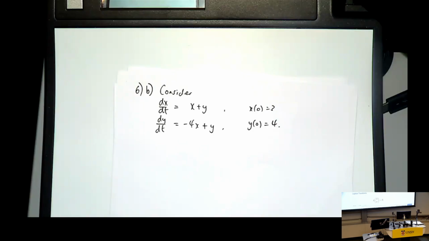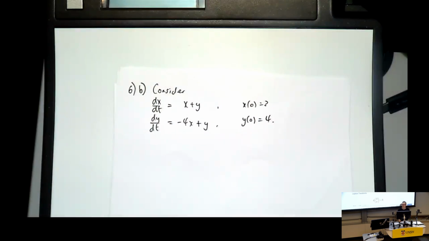Because we will use things from the table. So what are we going to do to that problem? Transform it, solve it, transform the solutions back to the original space. So I would apply the Laplace transform to both differential equations, and use the table. Oh, thank goodness I've got the table, because I can't work without it.